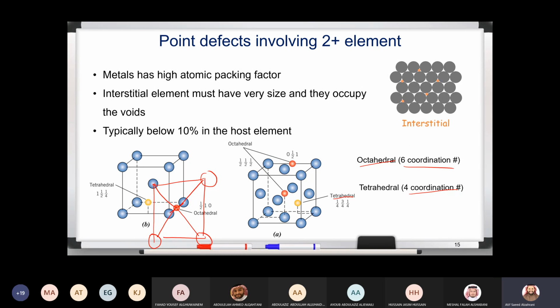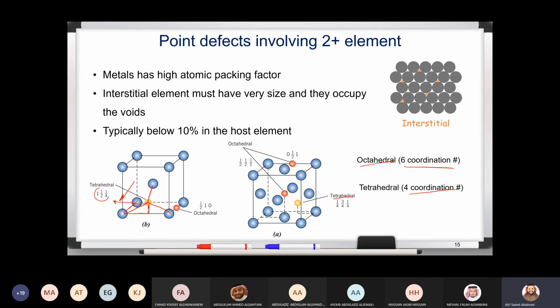Also, we have the tetrahedral site, which is 1, 2, 3, and the one on this side, basically 4. These are the positions for the tetrahedral site.